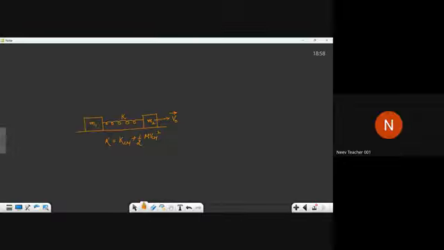That is what we have for this equation. We are also aware that for a two-body system, kinetic energy is half mu times the relative speed squared. This is the kinetic energy equation.